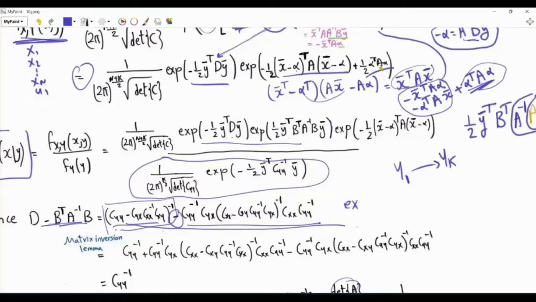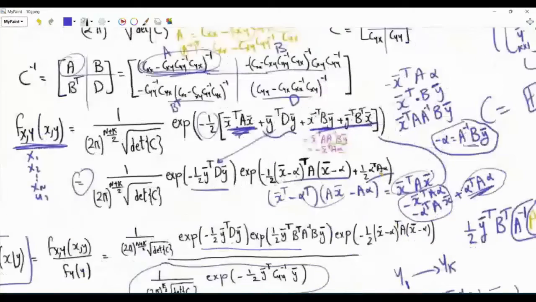If we combine them, we will have exponential and then minus 1 over 2 y bar transpose on the left, y bar on the right, and in between we get the matrix, which is D minus B transpose A inverse B.